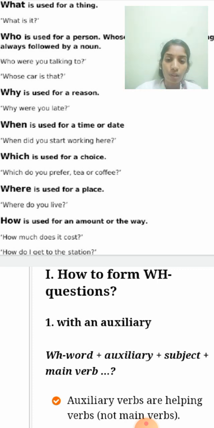Uncountable goes for how much, and countable goes for how many, because we are able to count how many apples are there. How much apples we can't count, we can only identify the quantity of it. So that is why we use how much and how many, like that.